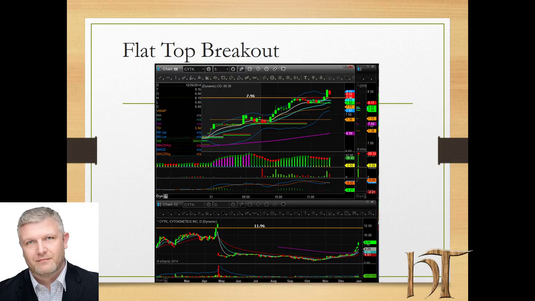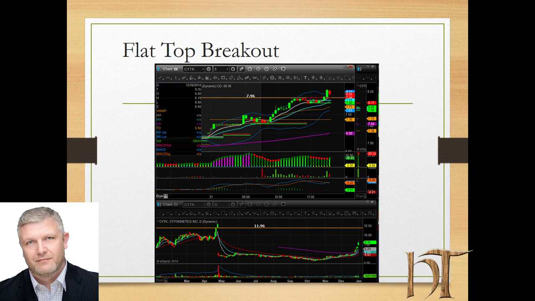We pull back and then we surge up. Really nice move. A little bit of consolidation here, a little bit of consolidation, and then we get a breakout and then more consolidation.